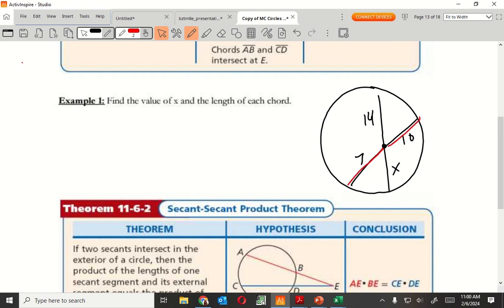So that's going to be 7 times 10. Bring down your equal sign. Now the other side of it is where my variable is going to be, the 14 and the x. So that's going to be 14 times x. Okay? 14x.